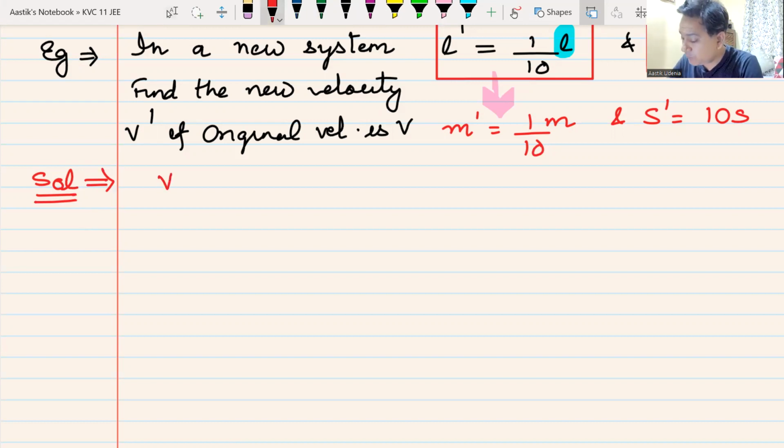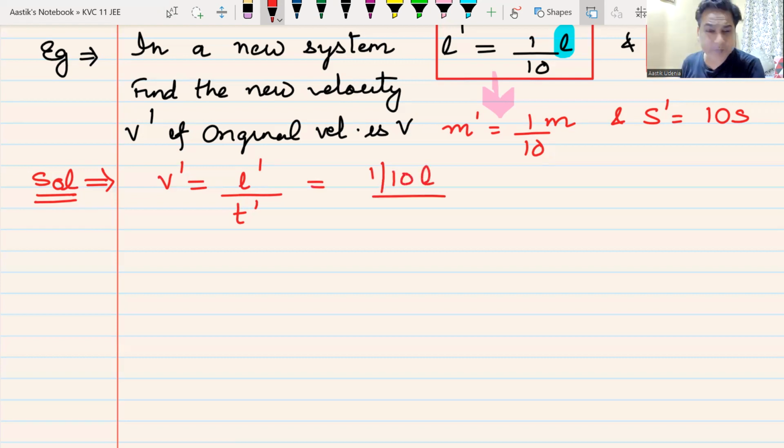If I talk about the new v dash, the new v dash will be l dash divided by t dash. Yes or no? Do we understand this? Now, I can just put the value of l dash. L dash is 1 by 10 times of l, divided by t dash. T dash is 10 times of t.